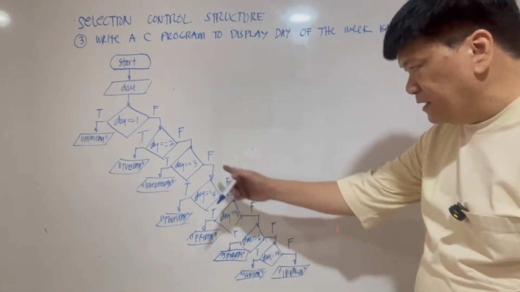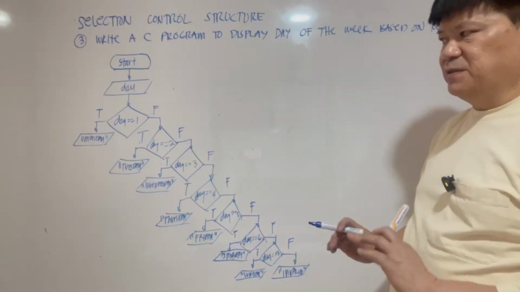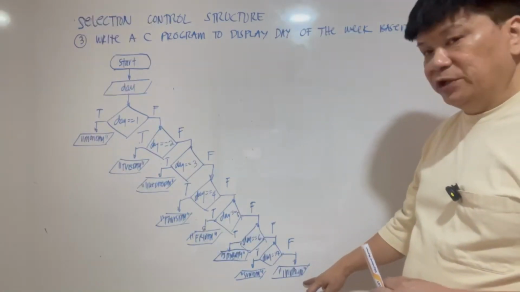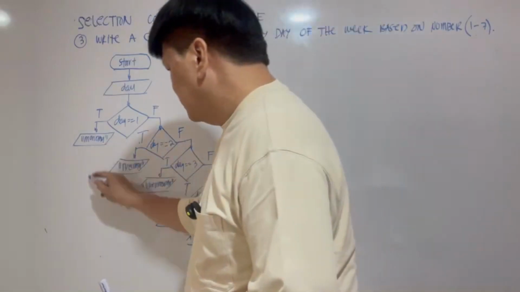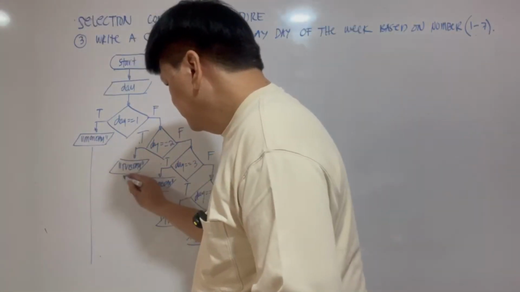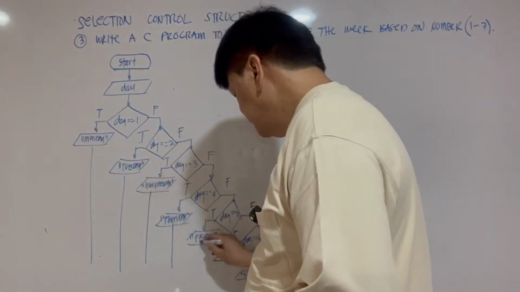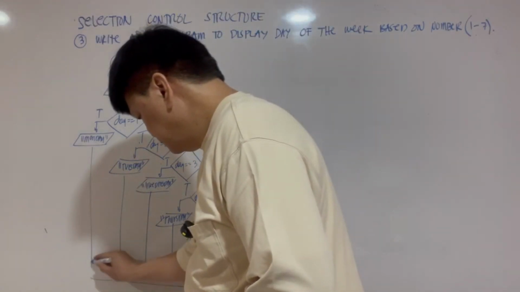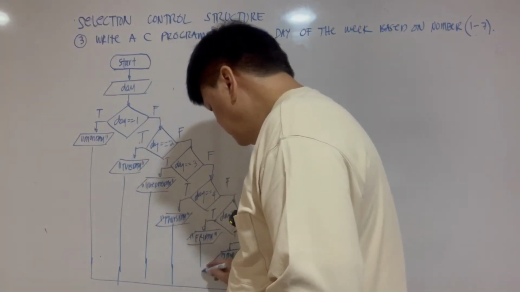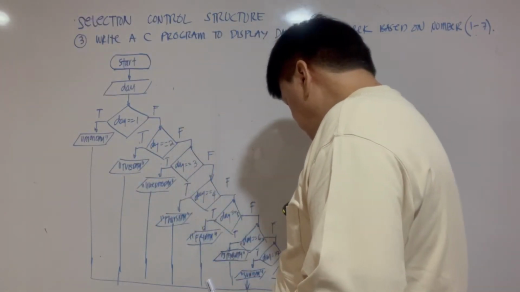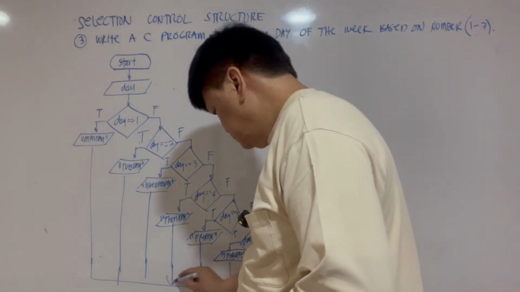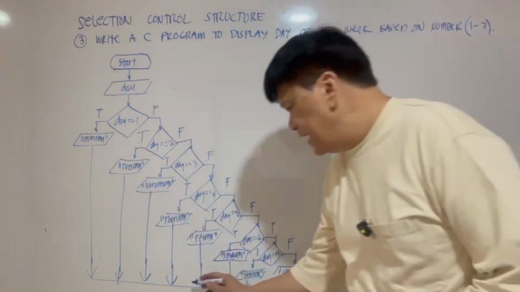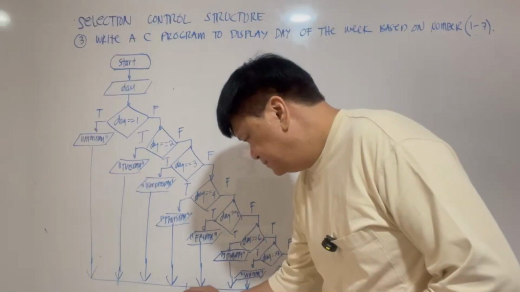So if it is not 1 to 7, for example the user inputted 8, not in the options, that will output the word invalid. We can just simply connect all this and then connect it to the end.